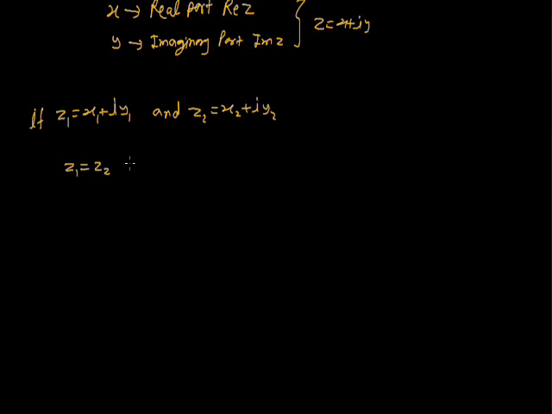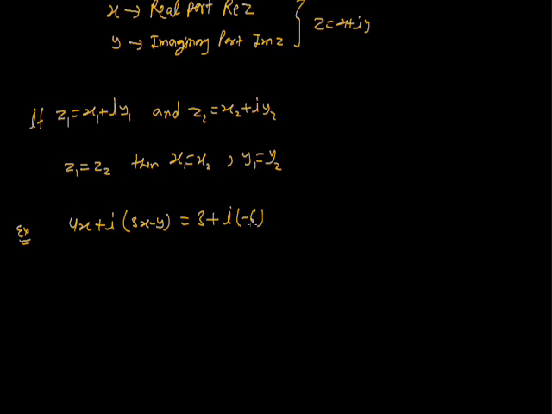Or we can say if z1 is equal to z2, then x1 is equal to x2 and y1 is equal to y2. For example, if we have 4x plus iota (3x minus y) equal to 3 plus iota (minus 6), then we have to find the value of x and y.